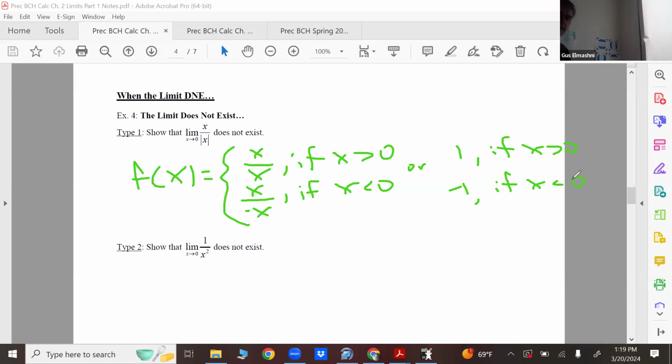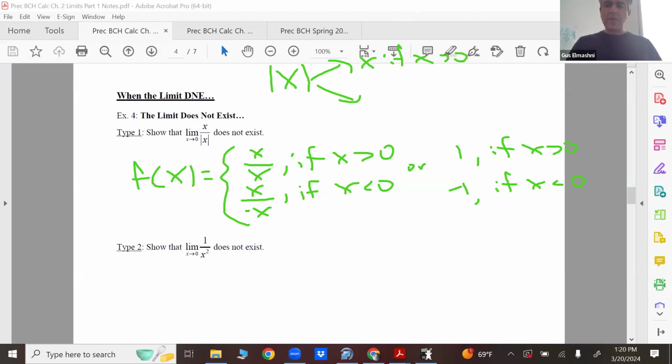Because remember, absolute value of x, in case you guys didn't realize, could be x. Because think about graphically what happens for absolute value, right? It's y equals x if x is positive. It's y equals negative x if x is negative.